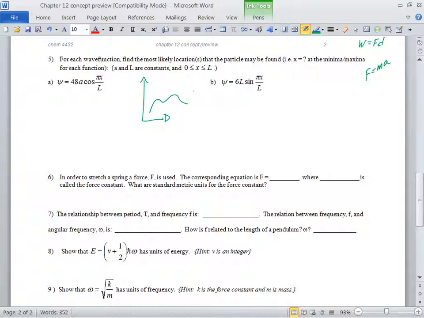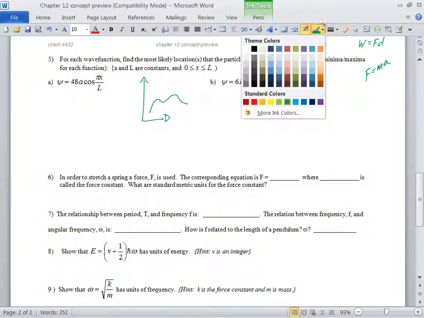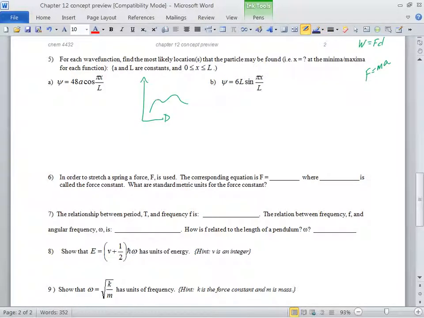where's the slope 0 on that funky, weird-looking plot? Slope being 0 means it has to be going like this, right? That's a slope of 0. So I see a slope of 0 right at this point, and right there at that point.